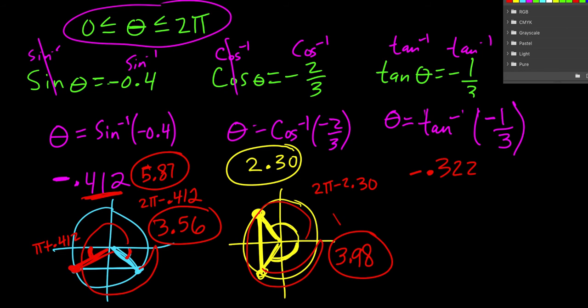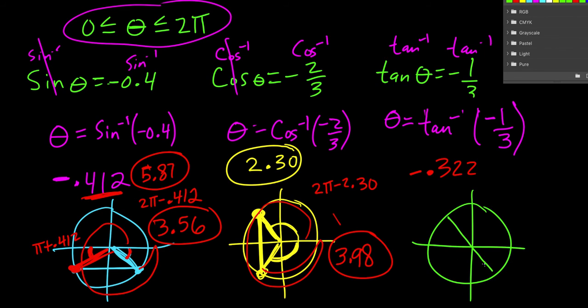So we have to look at the situation that we have. This time tangent's negative, so we think of it as a diagonal this way because the signs have to be opposite. Over here, the y's are positive but the x's are negative. Down here the y's are negative and the x's are positive, so that's going to create a negative tangent situation.